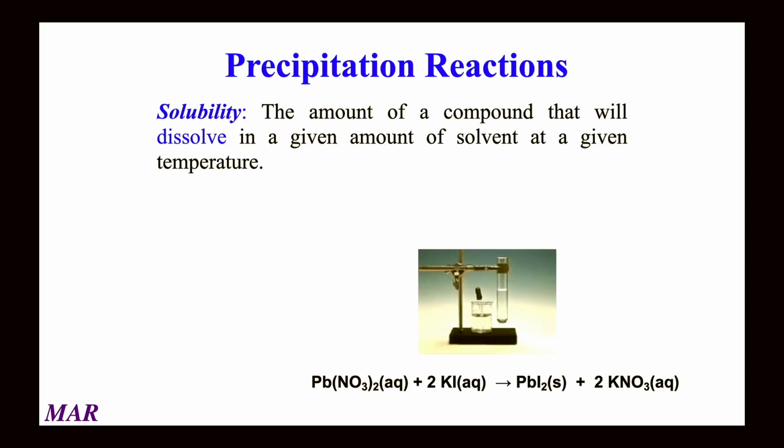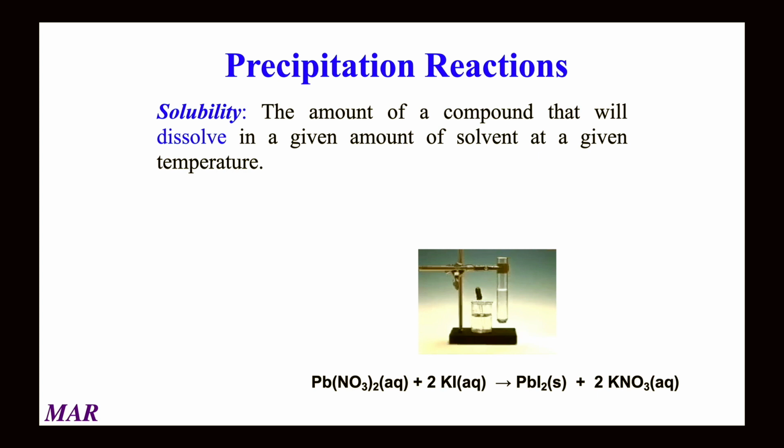The solubility of a compound is how much of the stuff will actually go into the solvent, usually water, before a solid begins to occur. And in this reaction, which is a precipitation reaction, lead 2 nitrate, PbNO3, is reacting with potassium iodide, KI.